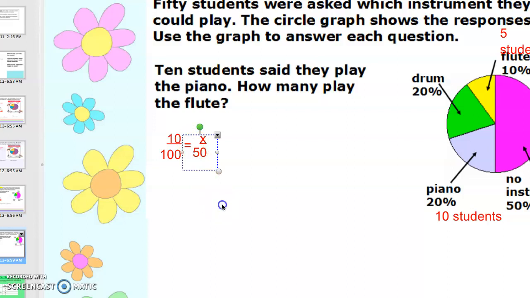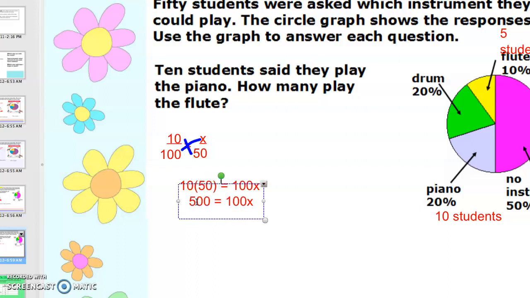We can cross multiply and divide. So 10 times 50 is going to be x times 100. So 10 times 50 equals 100x. 10 times 50 is 500.